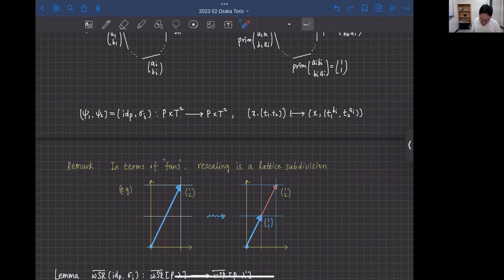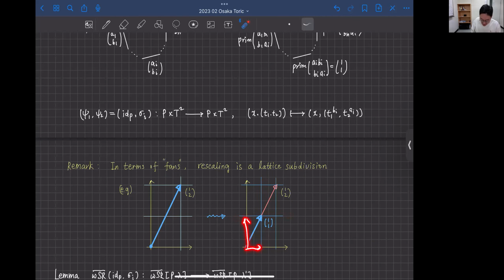Then, as a direction in a vector space, it has the same direction, but as an element in a lattice, it becomes 1, 1 in the subdivided lattice, right?